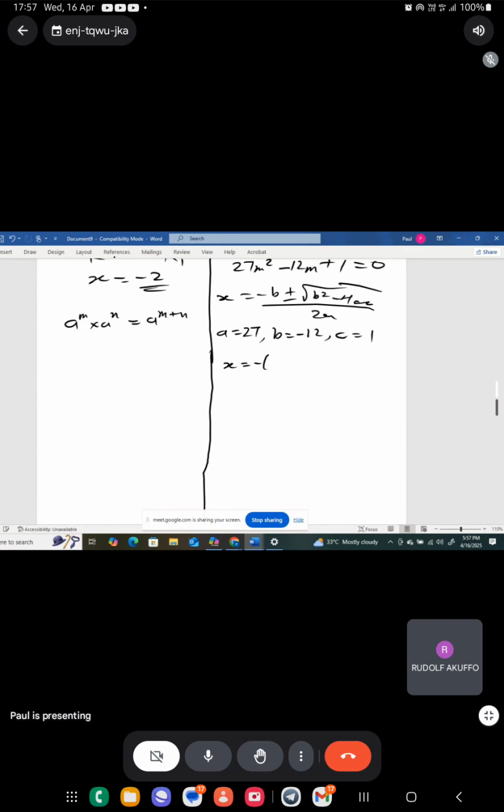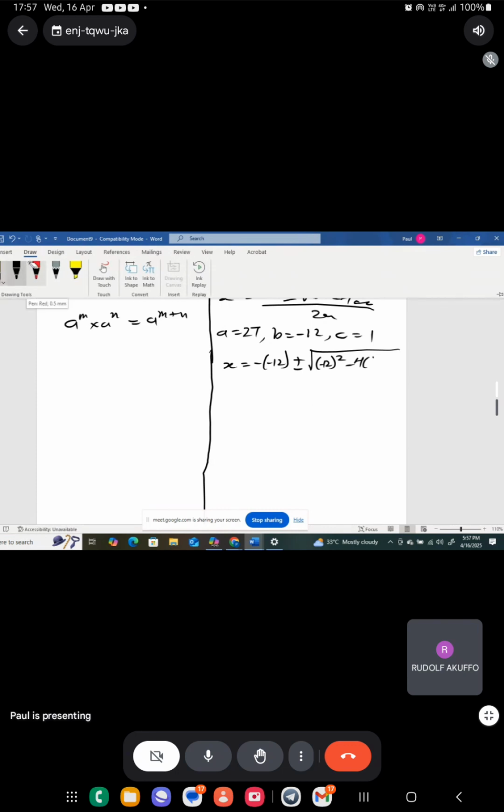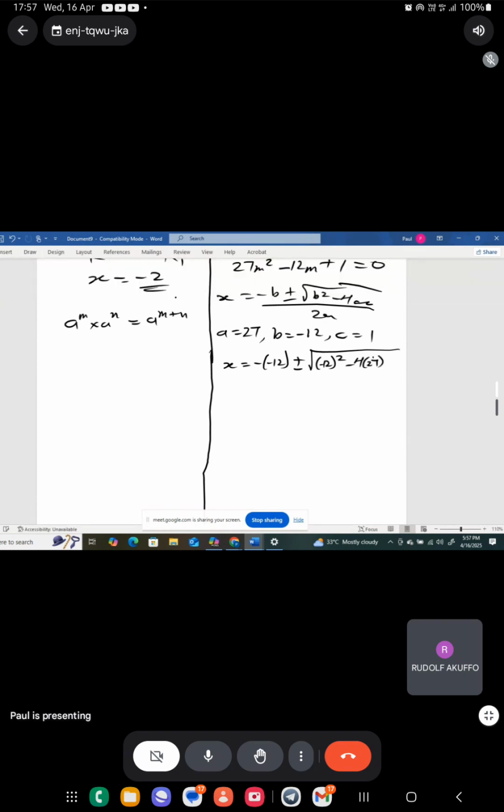So from here we get x equals minus b, so negative negative 12 gives us positive 12, plus or minus the square root of minus 12 squared minus 4 times 27 times 1, all over 2 times 1. Here 12 squared is 144.